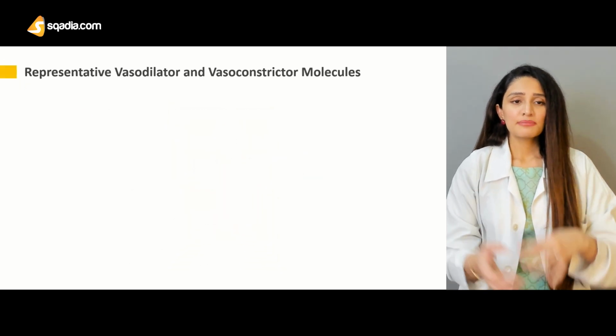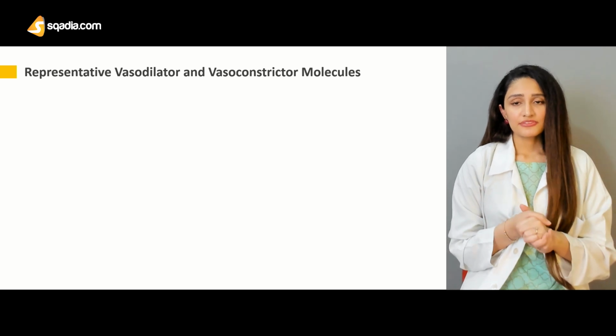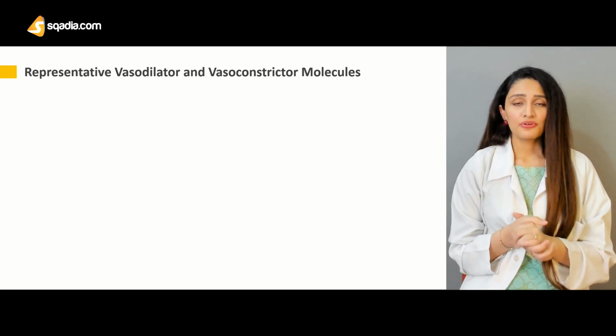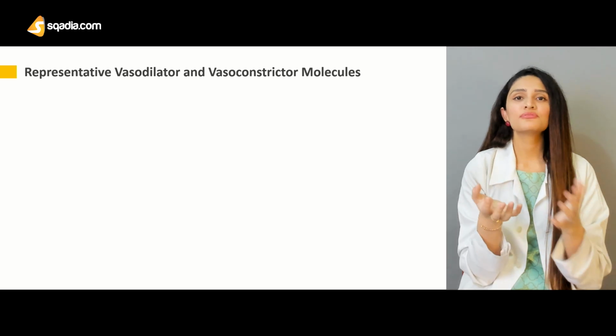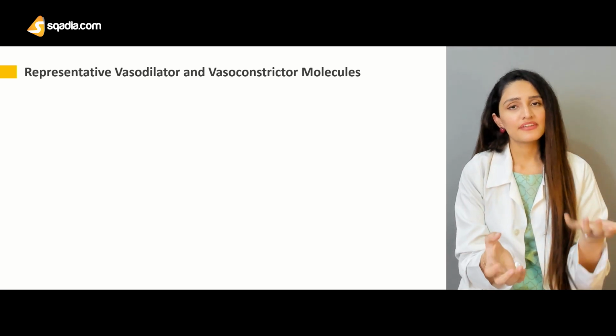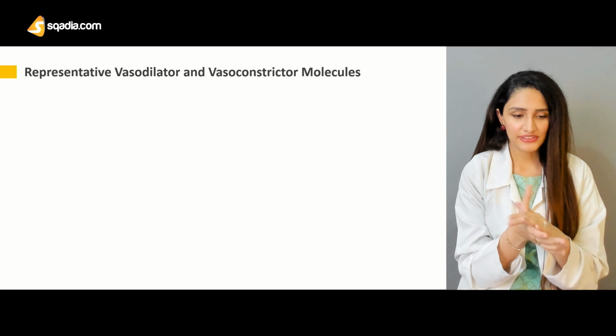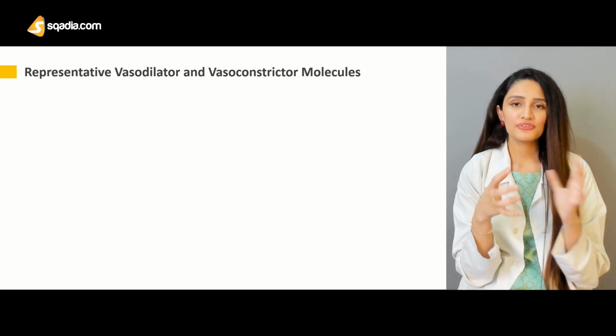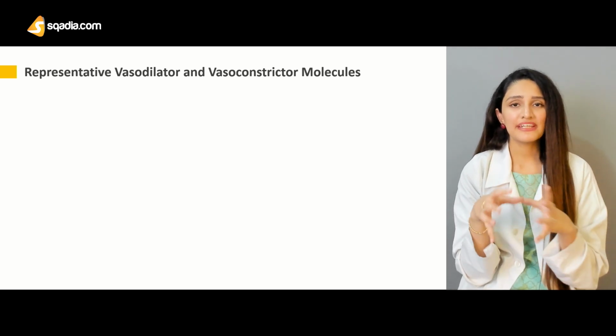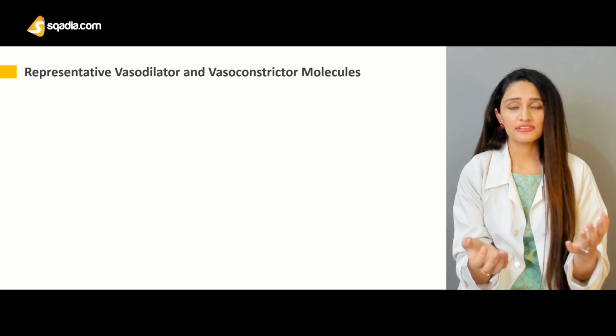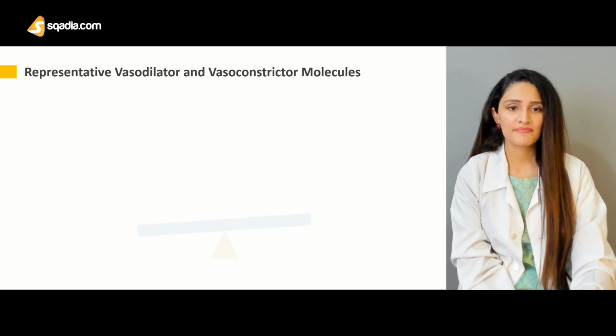So, coming to the representative vasodilator and vasoconstrictor molecules. There is a list of molecules within the vasodilation category and the vasoconstriction category, and these are all implicated in the formation of portal hypertension.